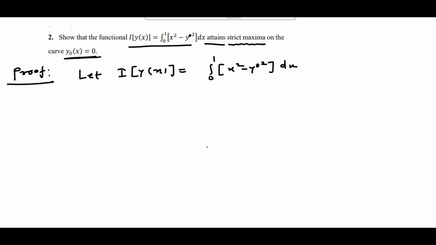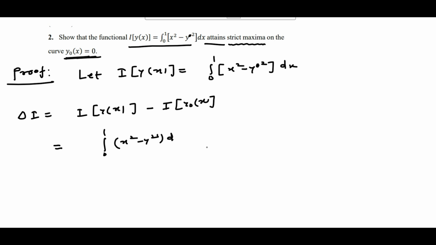Now take the variation delta I, that is the difference of the functional of y of x and the given curve y naught of x, that is I of y naught of x. So this will be the integral from 0 to 1 of x square minus y square dx minus the integral from 0 to 1 of x square minus y naught whole square dx.